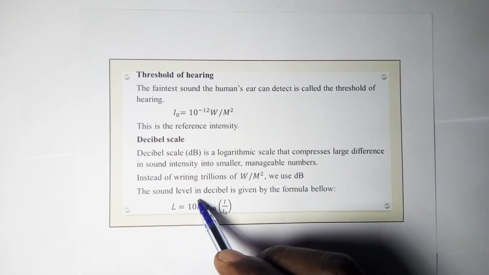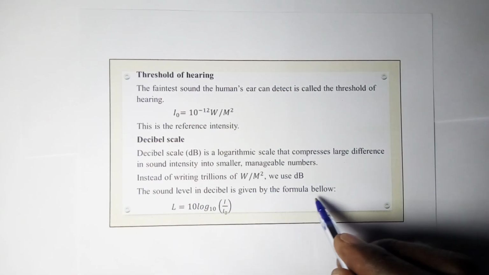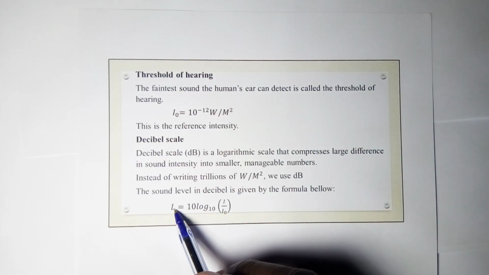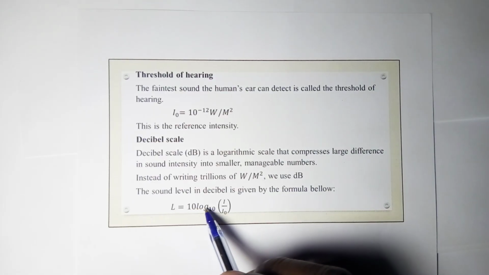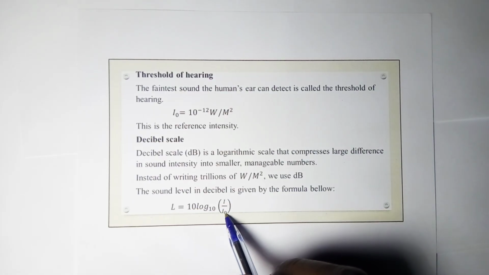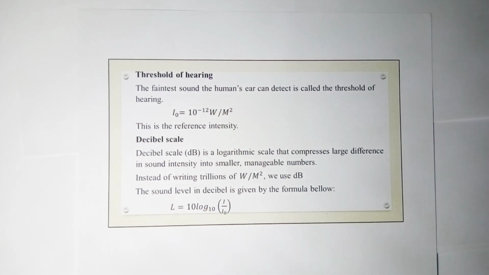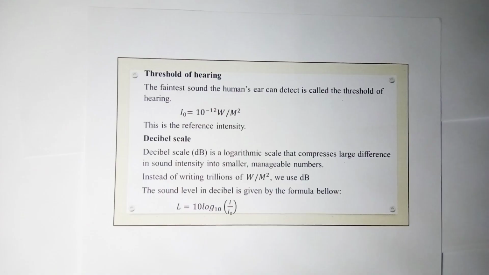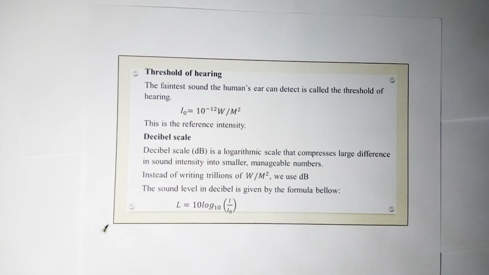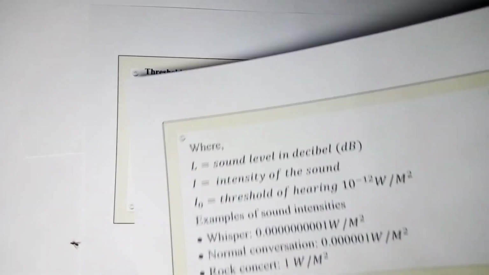The sound level in decibels is given by the formula L equals 10 log of I over I naught, base 10. That is an expression in decibels. That's what will help us convert watts per meter squared into decibels.